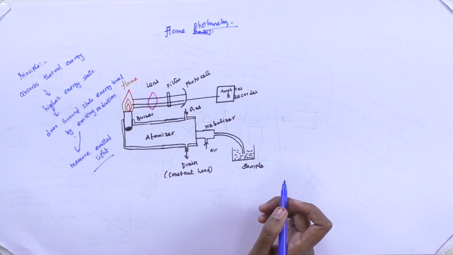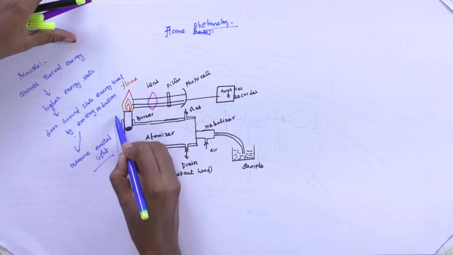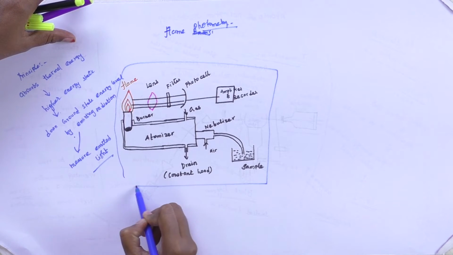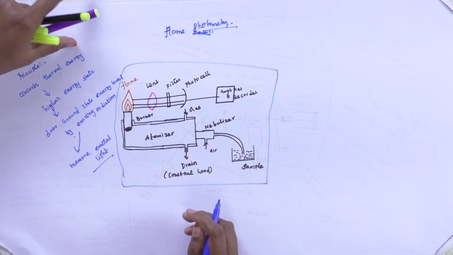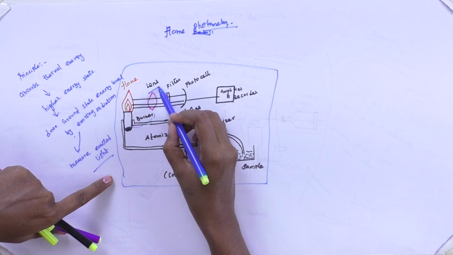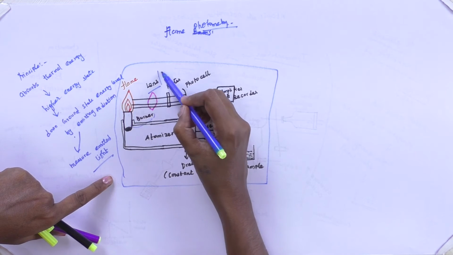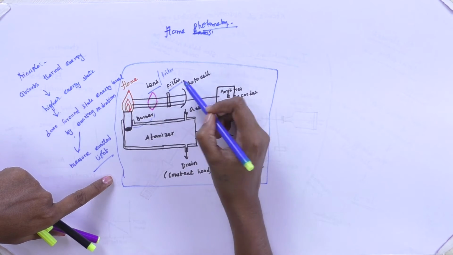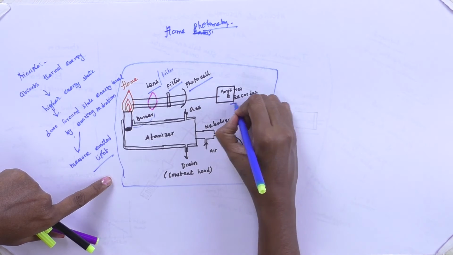Next we are going to see the block diagram and also the instrumentation of flame photometry. It consists of a flame producing area, that means the burner, and also a lens or filter, and then a photocell, amplifier and recorder.